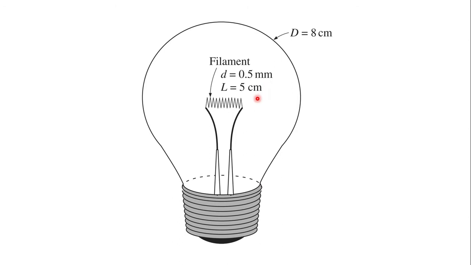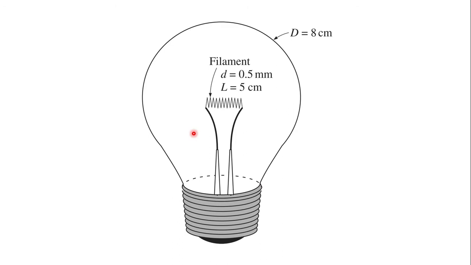So you have to solve this problem in 3 different parts. First, you have to determine the heat flux for this filament, the second, you have to determine the heat flux for the whole surface of the bulb, and the third is you have to determine the cost of electricity for this bulb.